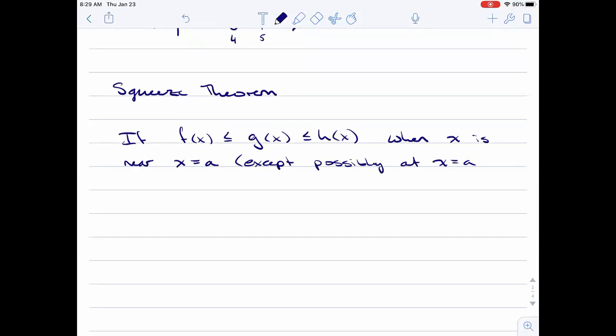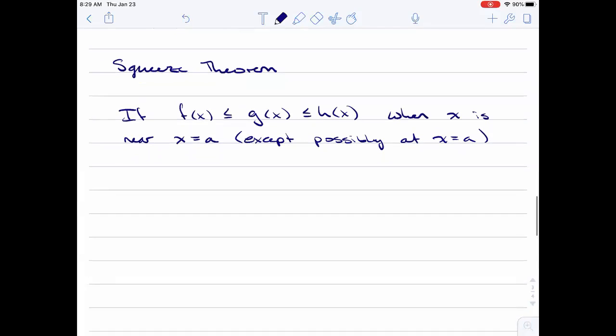The limits don't care about the actual value unless the actual value just happens to be on the line of the function. Except possibly at x equals a. And the limit as x goes to a of f of x, we're told is L, or we can find it, and it is some limit L.